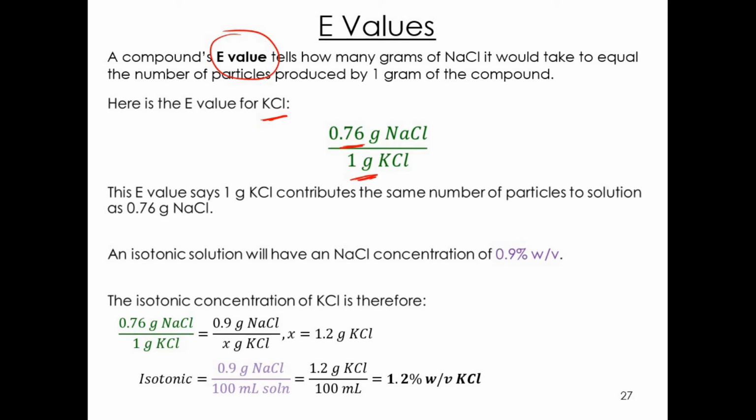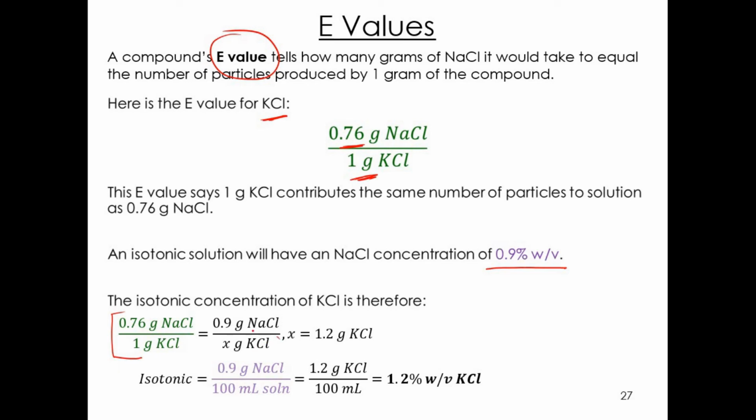The calculation at the bottom of the page shows how the E-value can be used to determine the isotonic concentration for potassium chloride. Again, the isotonic concentration is going to be different for different salts, depending on their E-values. So the isotonic concentration of sodium chloride is 0.9%. The E-value for potassium chloride is 0.76 grams of NaCl per 1 gram of KCl.